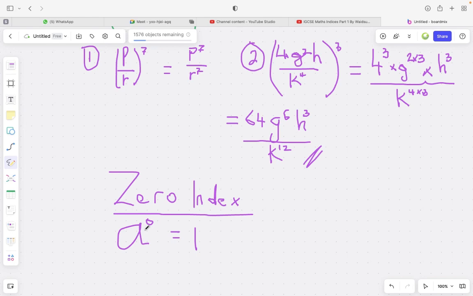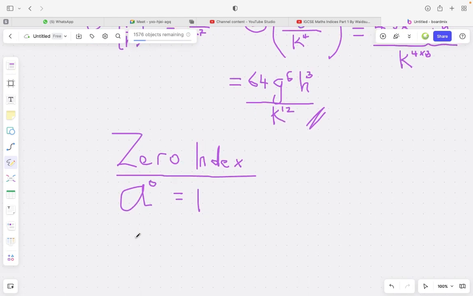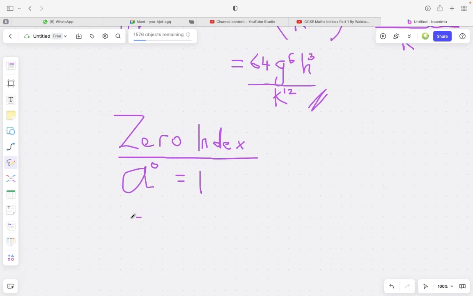This can be explained by actually applying the laws of indices. Let's use the laws of indices to explain how we arrive at zero index.